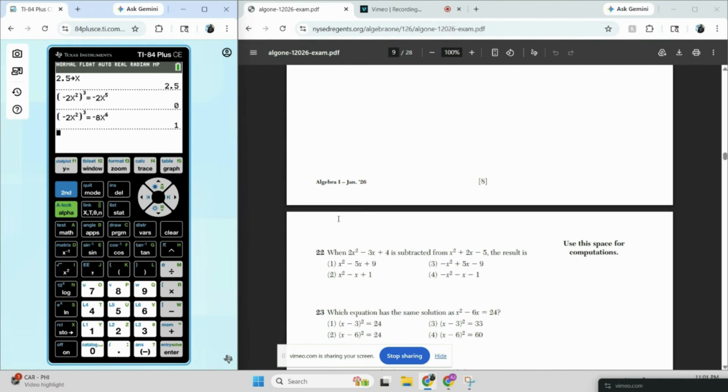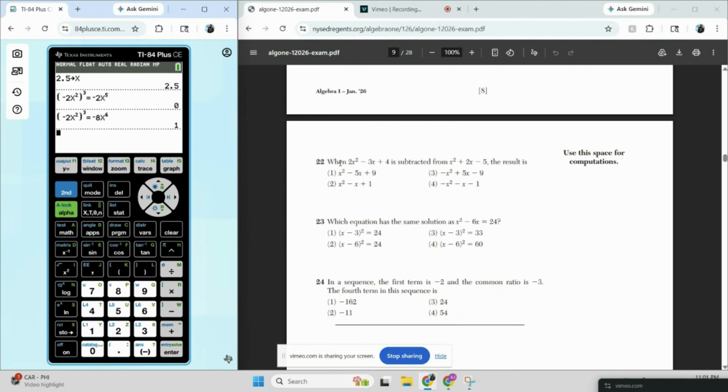Rate of change, no. When this is subtracted from that, yeah, you could do this in the calculator, but the obstacle kids have to get past is understanding subtracted from. So if they don't get that, using the calculator is probably a moot point.